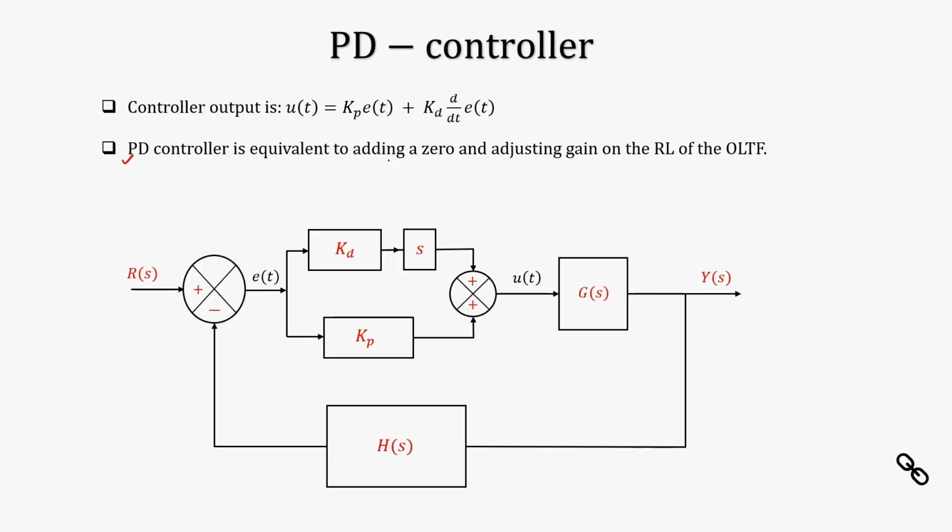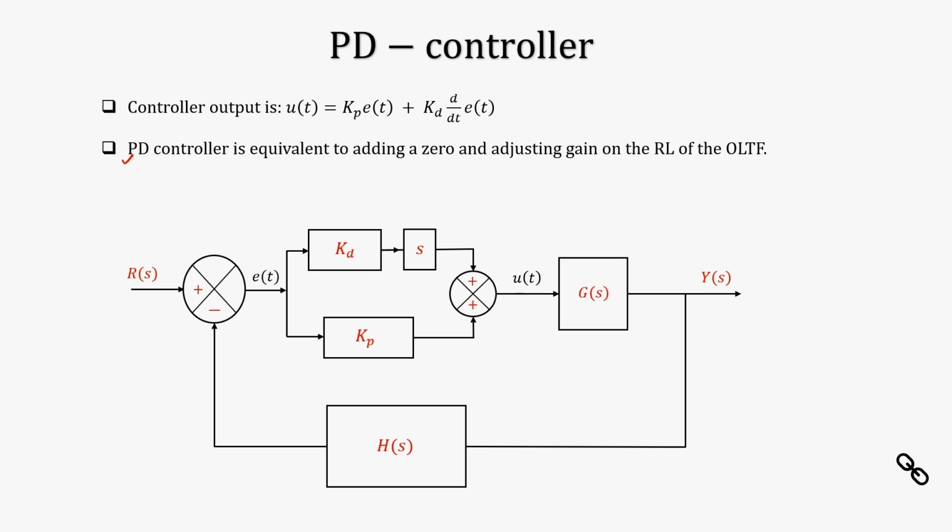In the case of the quadrotor, the controller that we designed, although we never named it, I am naming it now: it was a PD controller because it has a proportional part and a derivative part. So, a PD controller is equivalent to adding a 0 and adjusting the gain on the root locus of the open loop transfer function.